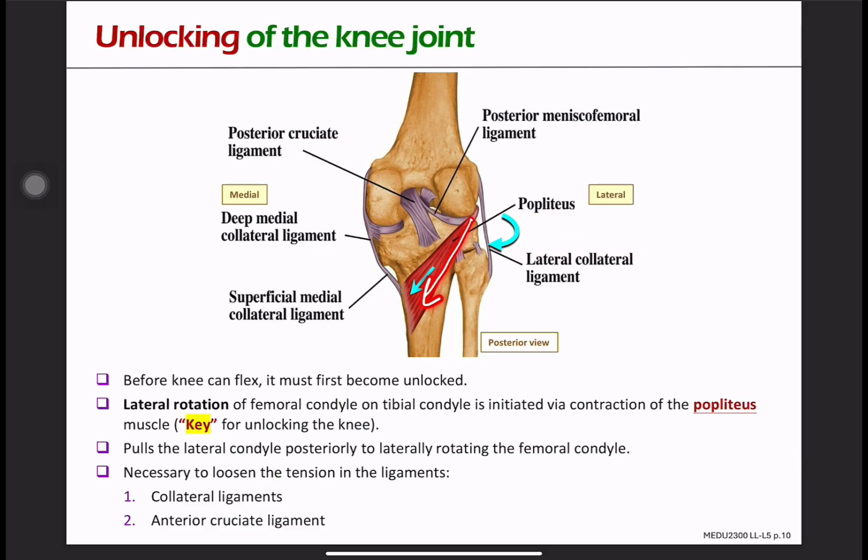Popliteus contracts, and then it creates a lateral rotation of the femur on the fixed tibia. This exposes the extra bit of the medial femoral condyle, the 13 mm portion, and loosens the ligaments like the MCL, LCL, and ACL, allowing the knee to flex.